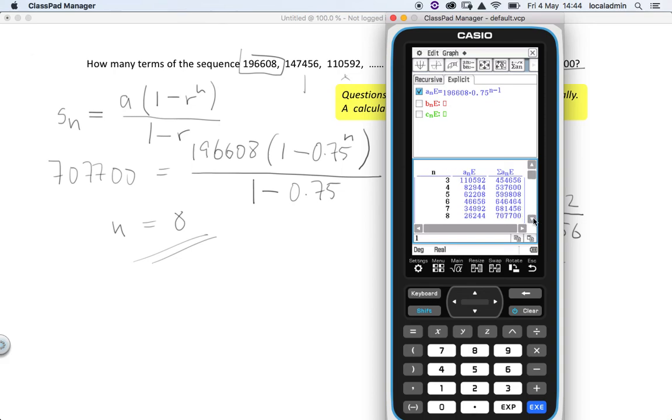Now we just go down and wait until we find the 707700, read across and find that it takes 8 terms, n equals 8 terms, to find the sum of 707,700. That's the one. And that's all.